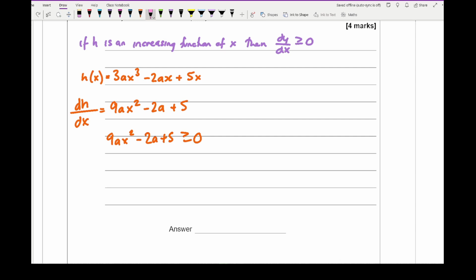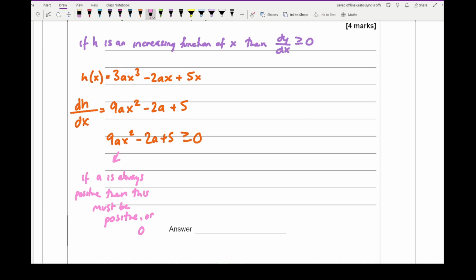Now, this bit here, if a is always positive, then this must be positive. So in other words, it must be greater than or equal to 0.